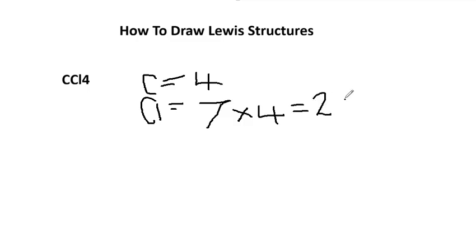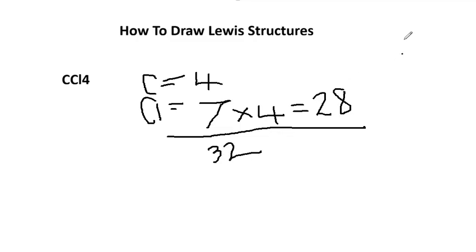And 28 plus 4 gives you 32 in total for the valence electrons of the carbon tetrachloride molecule. Right? So we're going to put this number right here, 32 electrons, so we can figure out the total amount of electrons the Lewis structure model is supposed to have when you draw it.